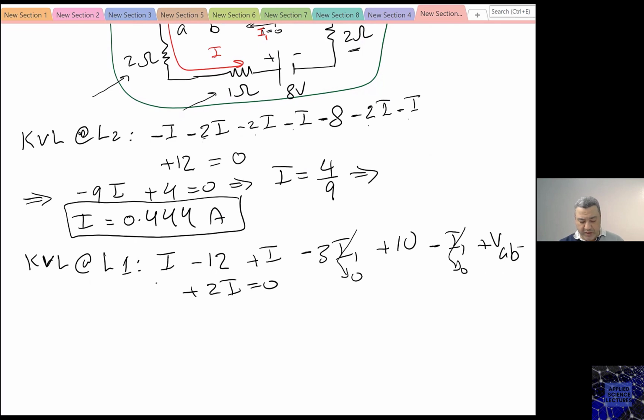So what do we have here? We have I, 2I, 4I, we have VAB here, 4I, and then we have minus 12 minus 2 equals to 0.